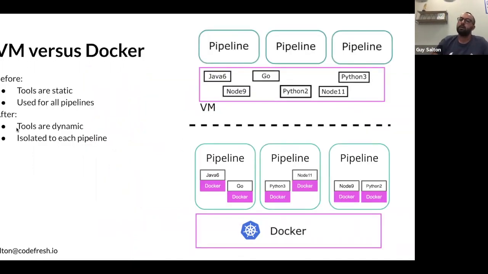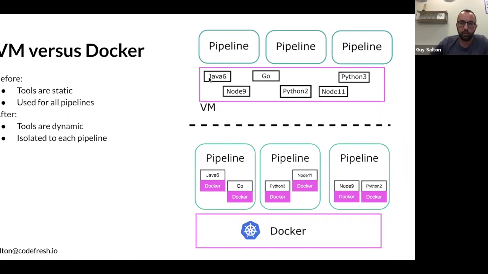So imagine, we'll see the difference between VM-based and Docker. Before, let's think of your classic Jenkins environment where you have some virtual machine as your build node, as your slave. And this is where you're going to run your pipelines. In that case, you have to make sure that you have all the tools that you need, with all the versions that you need for each of these tools, pre-installed on this virtual machine.